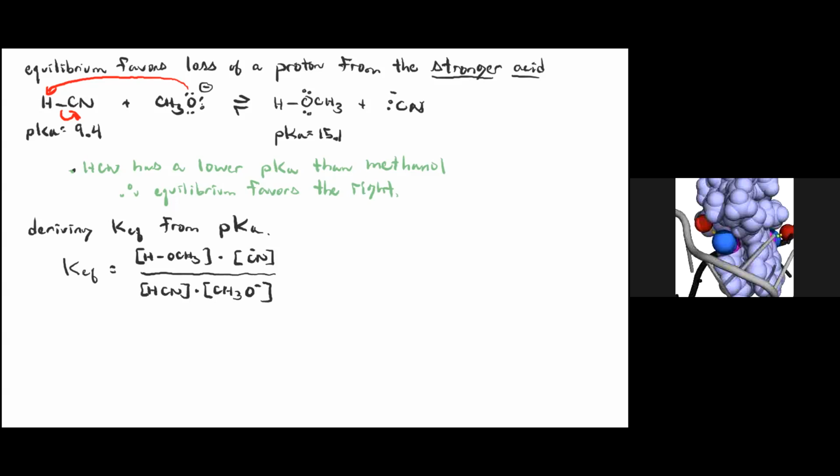And so we want to get this back to pKa's. And so we're going to do a little bit of math here. We're going to multiply the right-hand side by concentration of H3O plus over concentration of H3O plus. And so what I'm going to get then is, I will draw this on another board here.